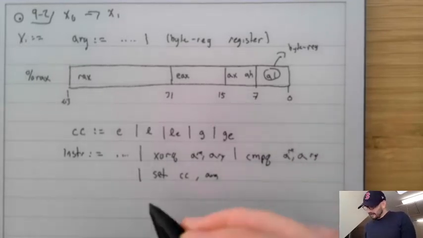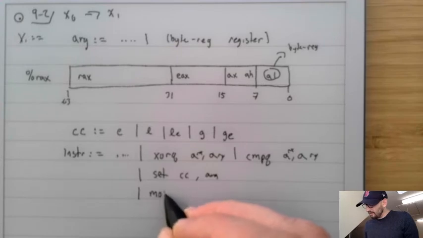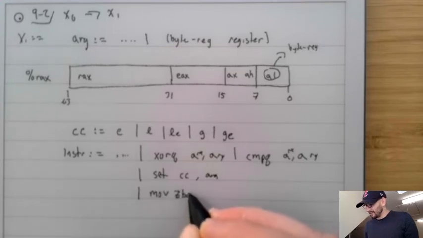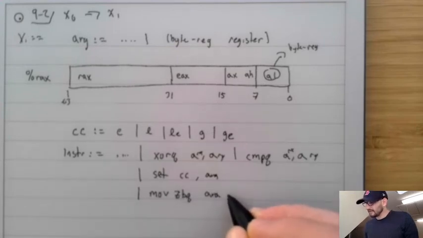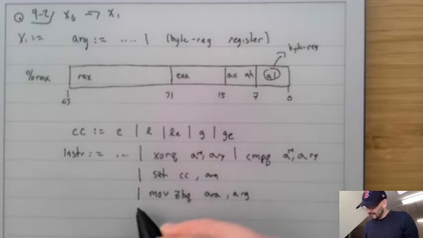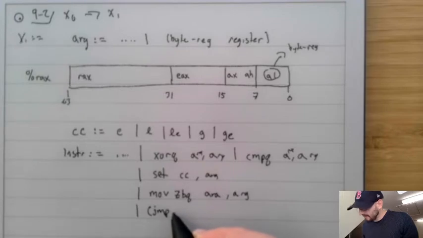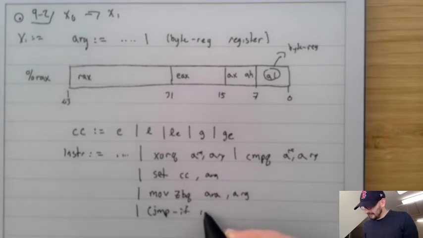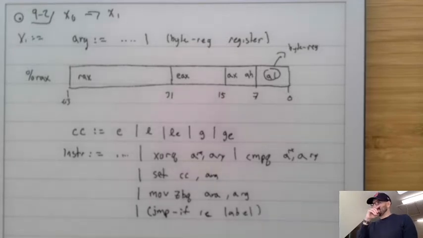We have the move ZBQ instruction, which takes 2 args. And then we have the jump if CC label instruction.